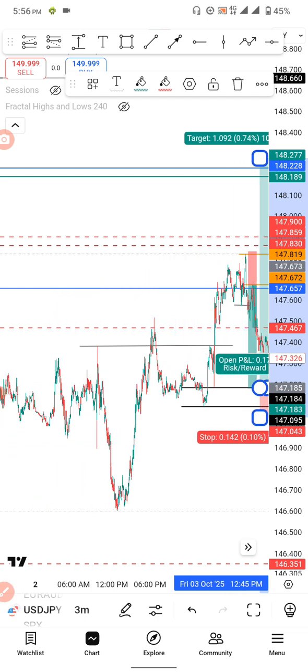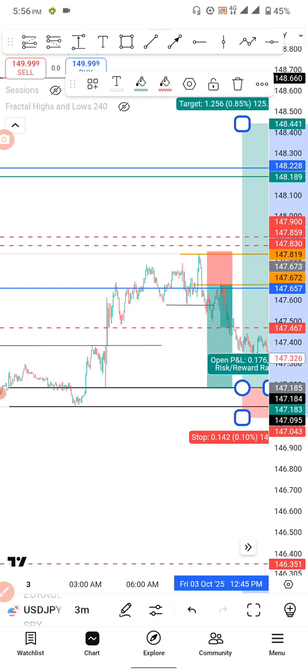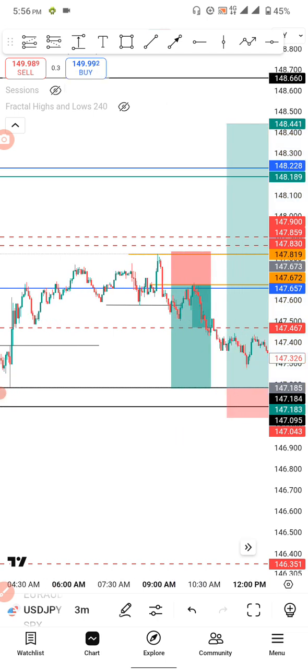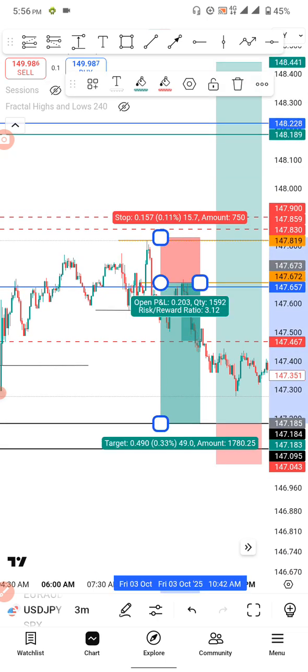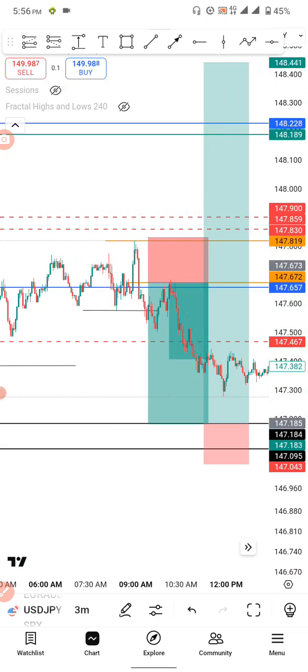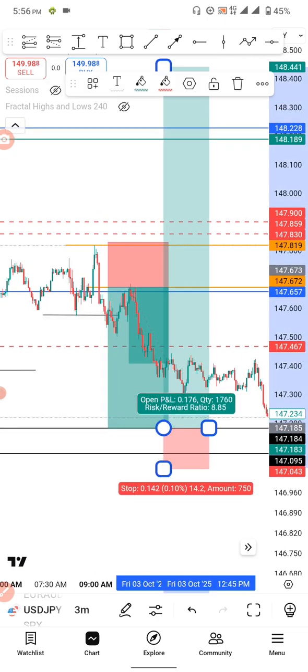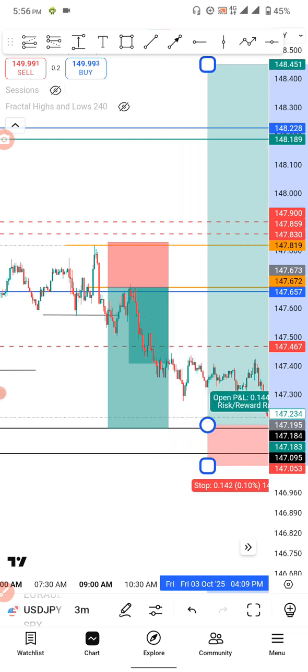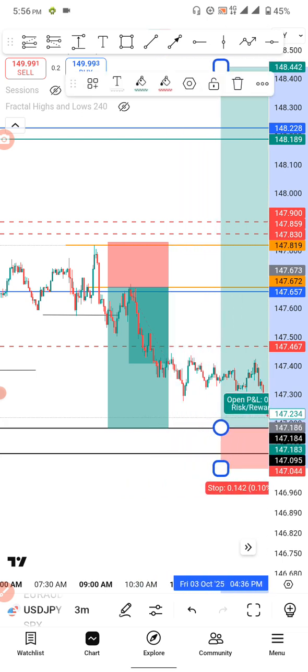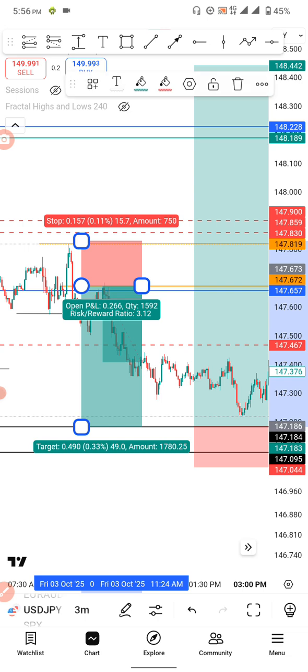The weekly high, remember, we shall see. Let us see how the market reacted. Yes, we have this sell. We have that sell. Yes, the market is moving.